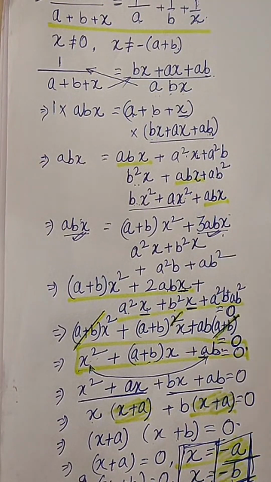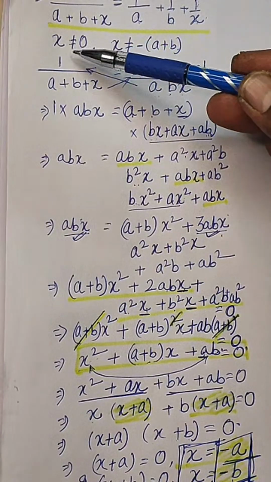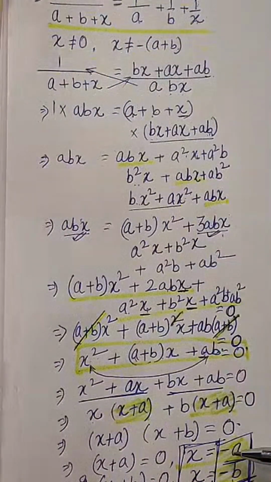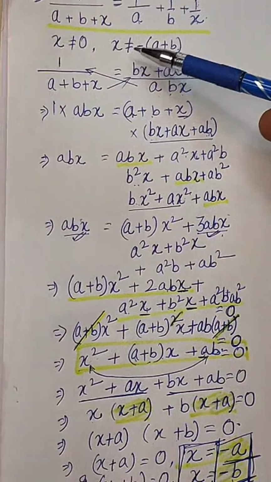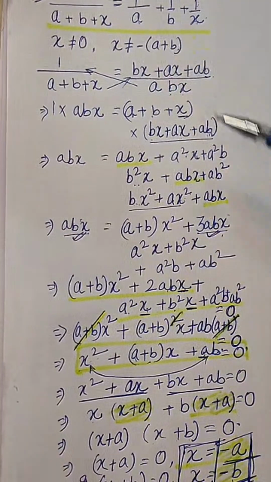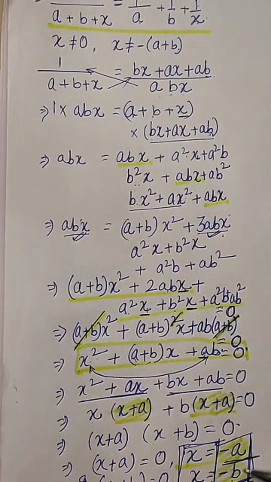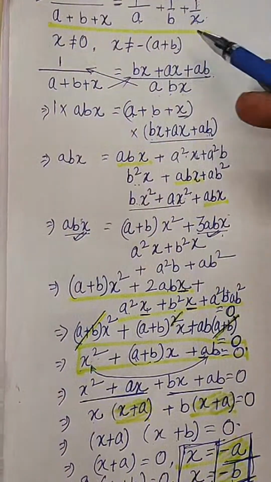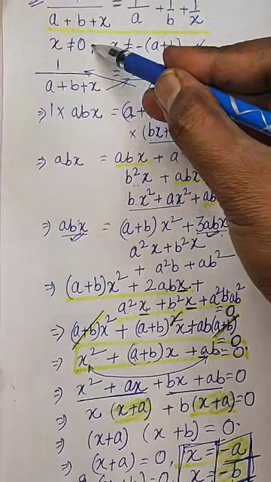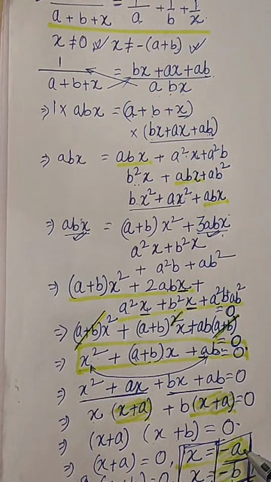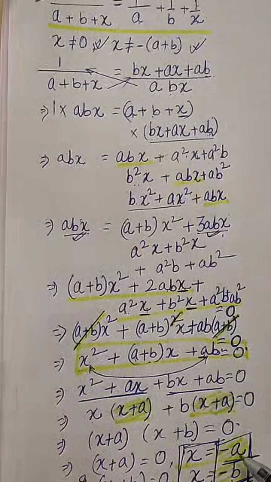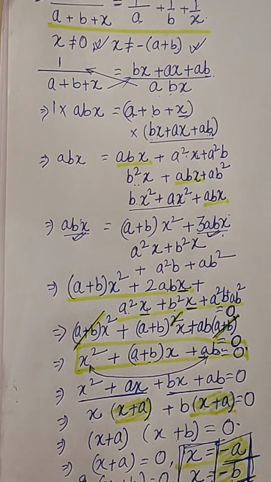So my dear friend, you can see it was given that x should not be equal to 0. So x is not coming as equal to 0. And x should not be equal to minus times a plus b. So it is not coming as minus times a plus b. So this criteria is also satisfied and this criteria is also satisfied. So we can say that yes, x equal to minus a and x equal to minus b are the two values of the given quadratic equation.